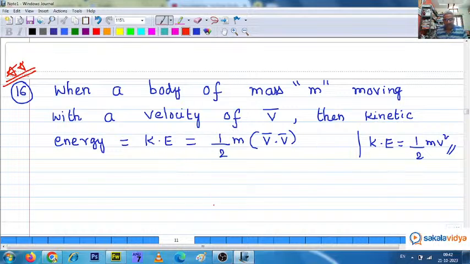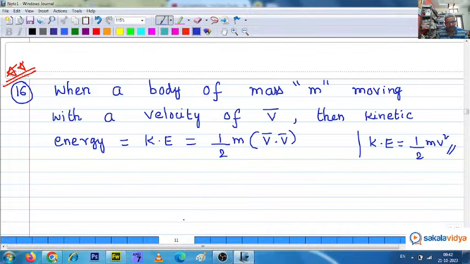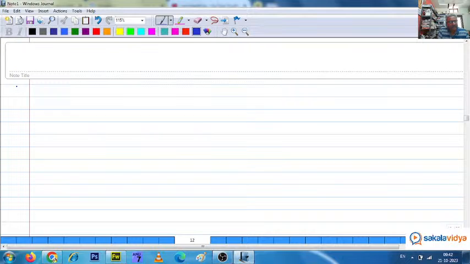Now one more very important point we are going to discuss, that is the 17th point.